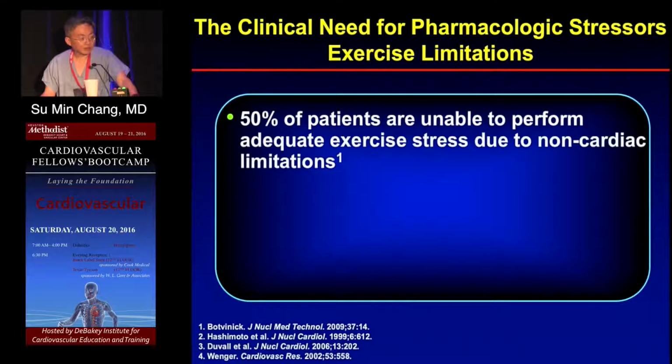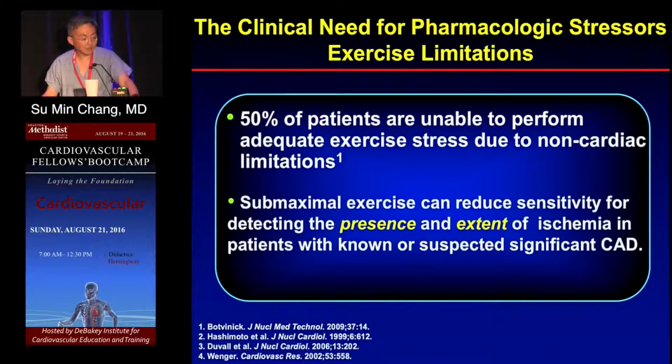However, in your clinic, I would say 80% of the patients that come in the first time for workup of coronary disease can exercise. But at the hospital, 50% is probably an underestimation. I would say 80 to 90% of patients that we do at the hospital as inpatients cannot exercise, okay?